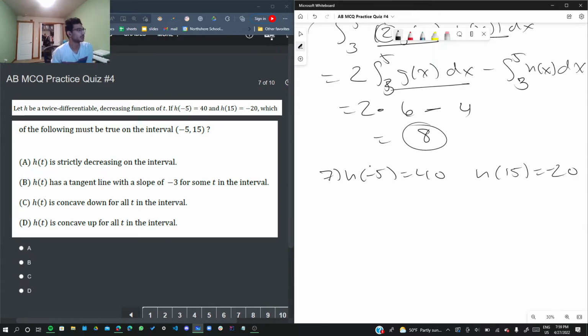So it's a twice differentiable, decreasing function. Okay, so it is differentiable in this interval. So let's just say this point is negative 5, 40, and then this is 15, negative 20. That's how I'm seeing it here.